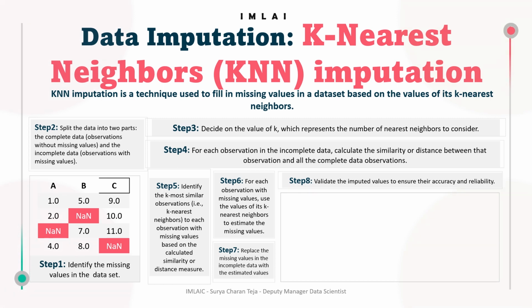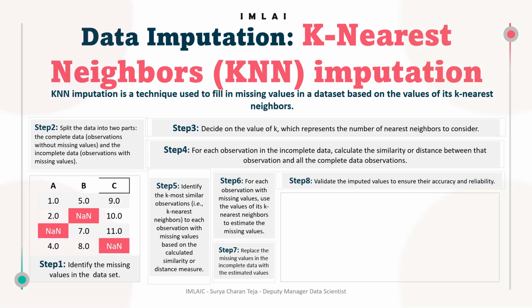Now it's time to validate the imputed values to ensure their accuracy and reliability. This can be done by comparing the imputed values with the actual values if available, conducting statistical analysis, or using some validation techniques.